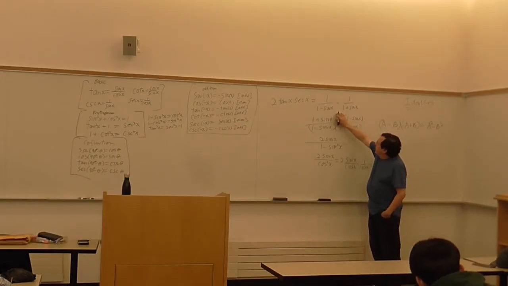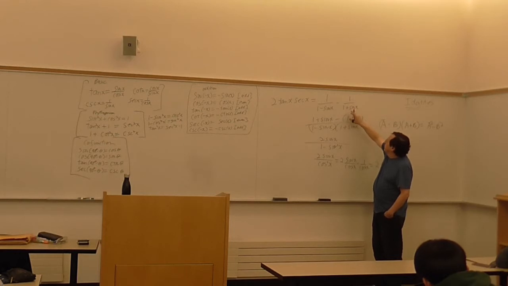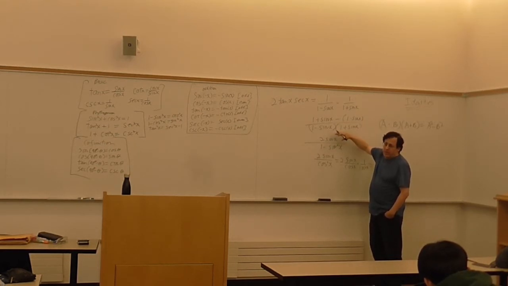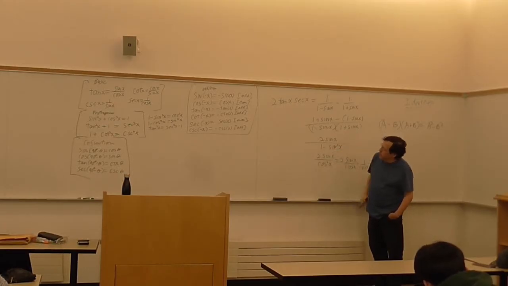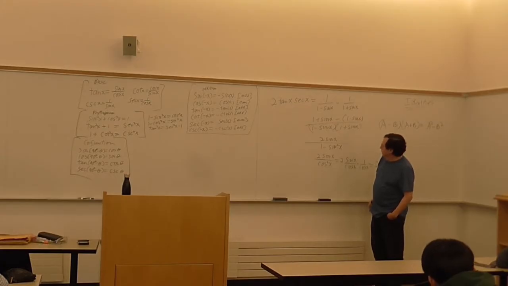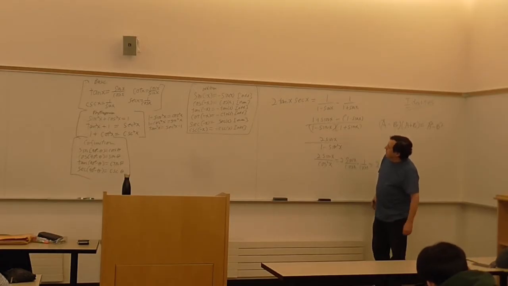So again, I think it's worth noting there's a pattern here. 1 over 1 minus something, minus 1 over 1 plus something. My common denominator is going to drop out something from one of the Pythagorean identities, and that's going to take me all the way over to where I want to be.